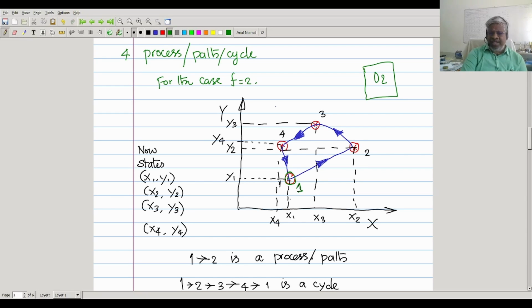If there is a methodology you are adopting onto the system to change the state of the system from state 1 to state 2, that methodology is called a process, process 1 to 2.